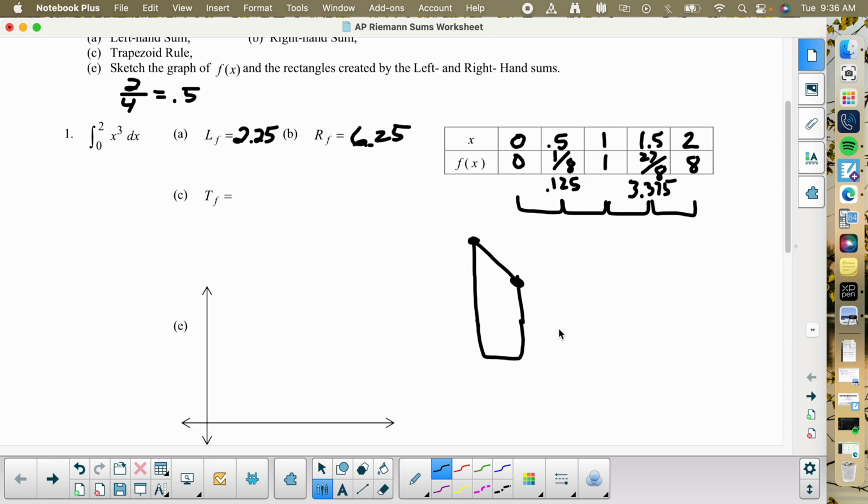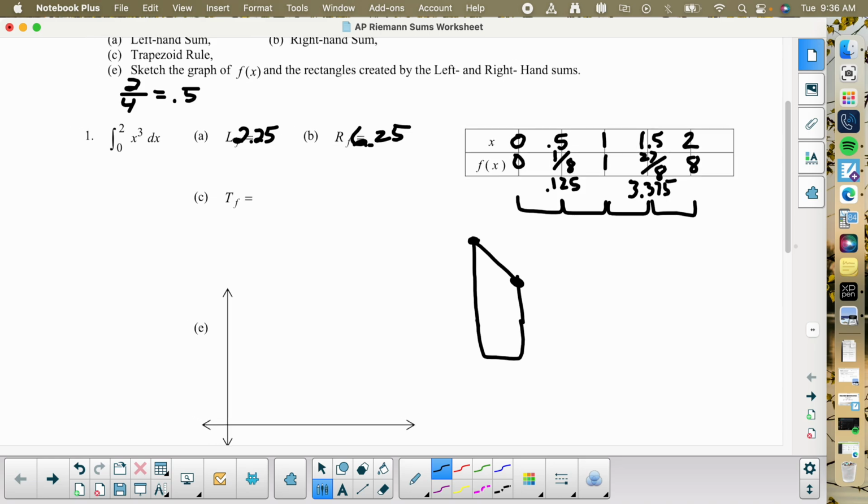Instead of making a rectangle by just picking one side, either the left or the right, the trapezoid method means that you use both the left and the right-hand side, and it creates a sideways trapezoid. So the trapezoid formula is going to be 1/2 base 1 plus base 2 times height.